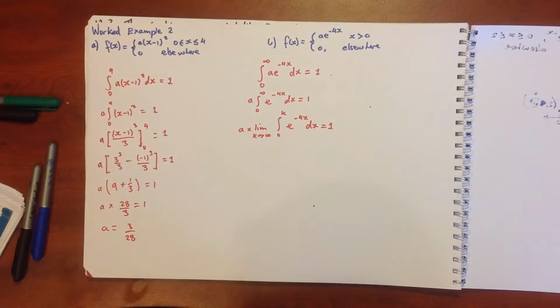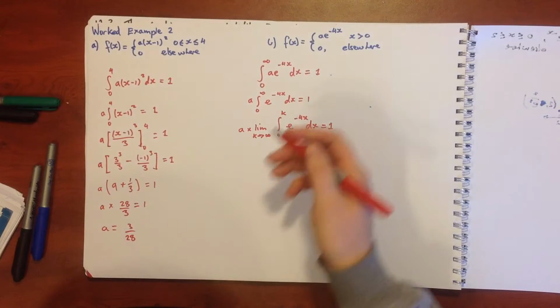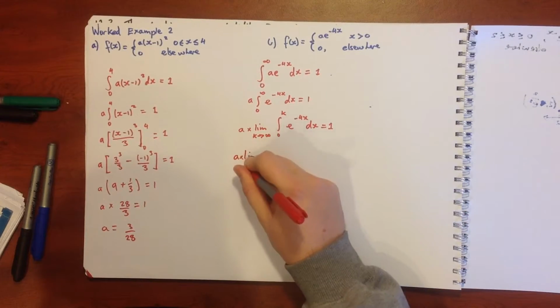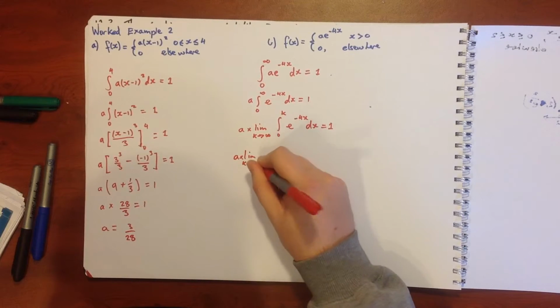It might have been a little while since you'd done any integration involving infinities, but remember we need to substitute our k in. So we go through a times the limit as k approaches infinity.